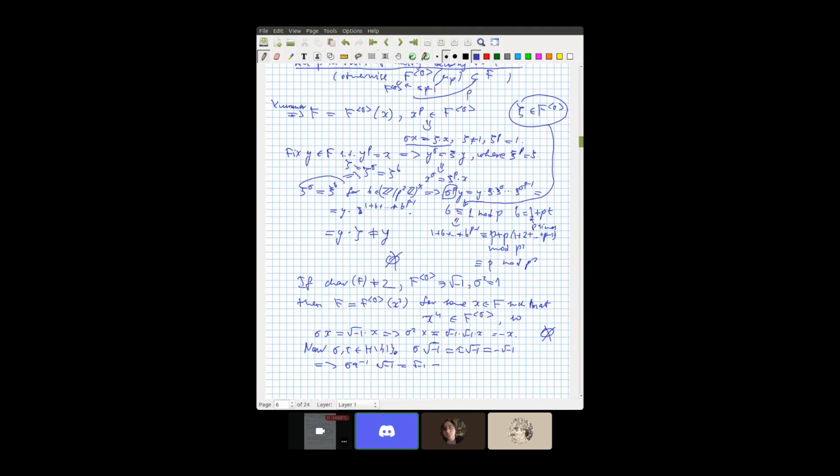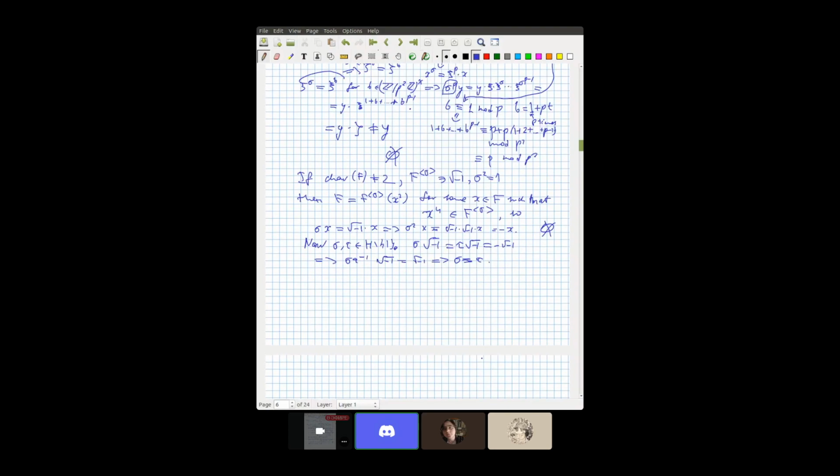If they are non-trivial they should change the sign of the square root of -1, but their ratio does not, so this means that they are the same. So this shows that only two elements can be in such a group.